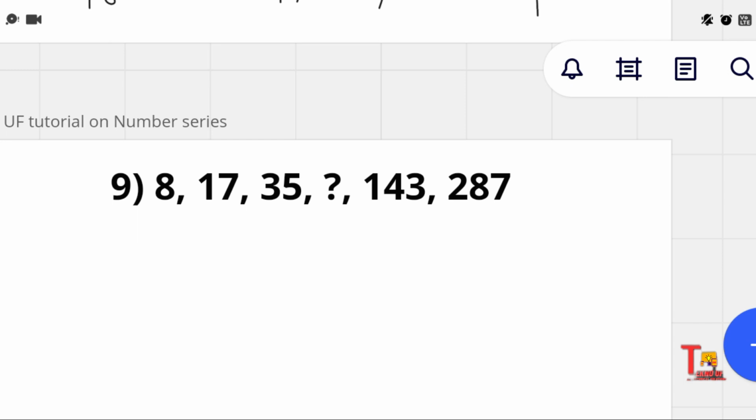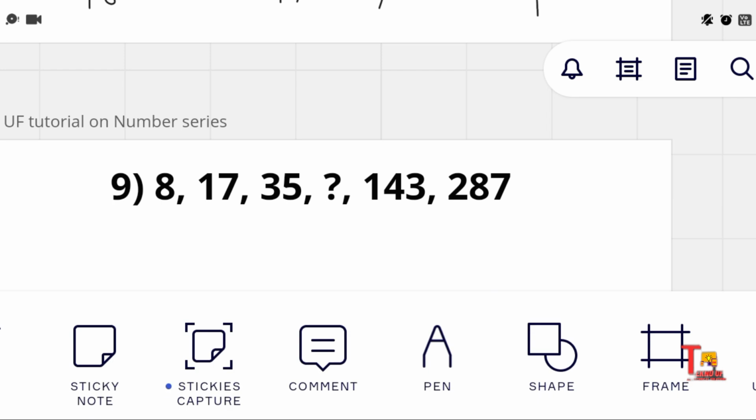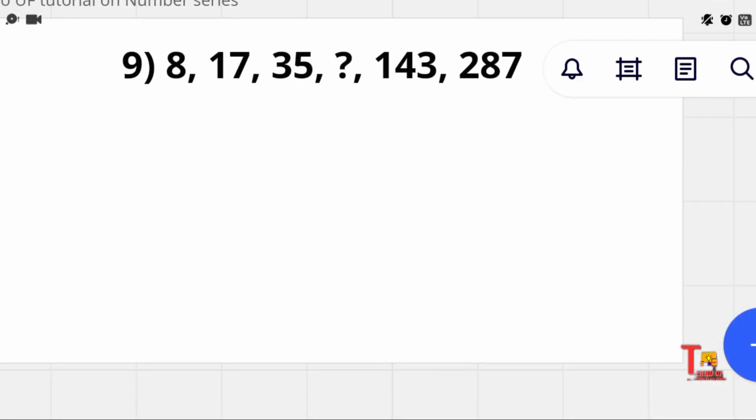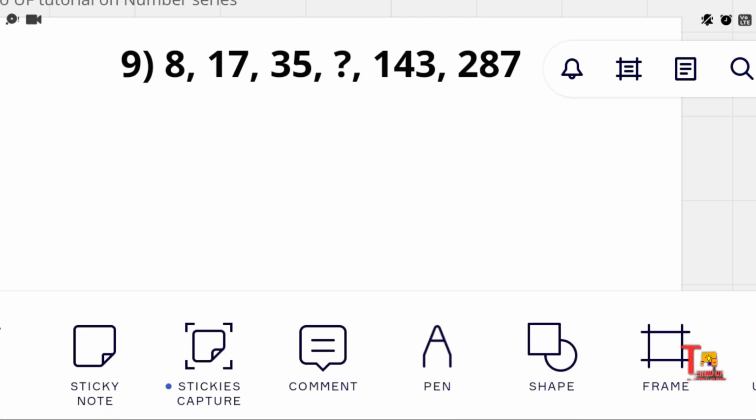Okay, find the missing number from this series, then come with a solution, right? I hope you have got an answer. I am mentioning the answer here, right?